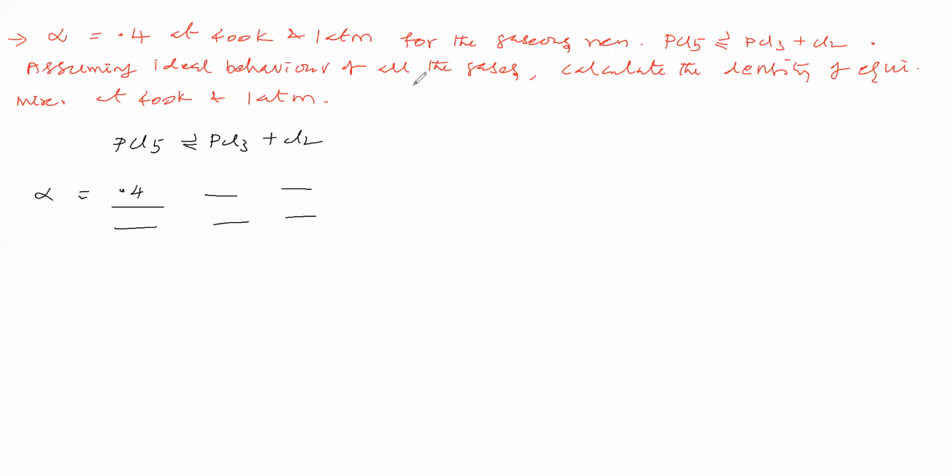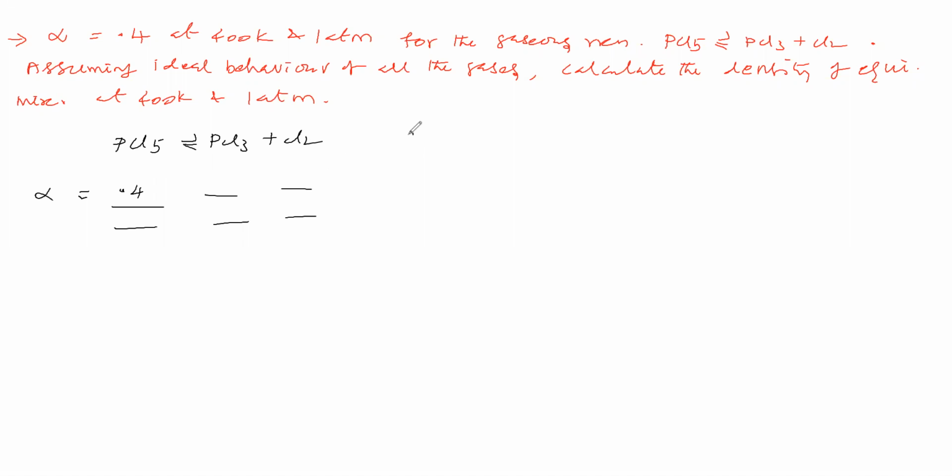But the degree of dissociation given is no doubt for PCl5, because the rest of the things do not decompose. Initially, whether we are taking PCl5 or all together, we do not know.